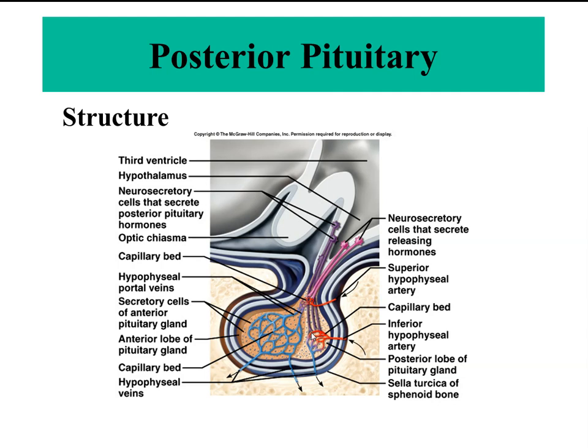Capillaries carry away the hormones from the posterior lobe. And again, the posterior pituitary acts because it releases its hormone after nervous stimulation.